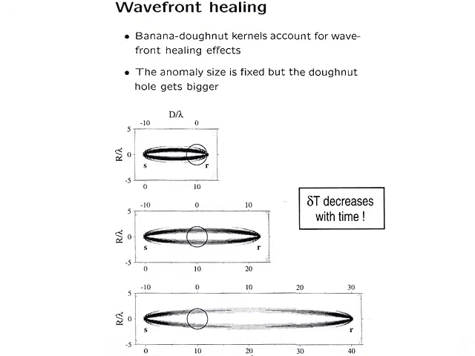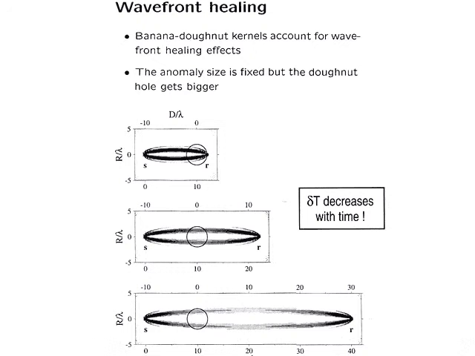This is an attempt to show you how this kernel accounts for wavefront healing. It's a little cartoon, kind of. The idea is that suppose you've got a blob here that's either fast or slow, and here's your source. The blob is always a fixed distance from the source. If you measure the travel time right after the wave has gone through the blob, then you're doing the integral of this kernel with this blob.